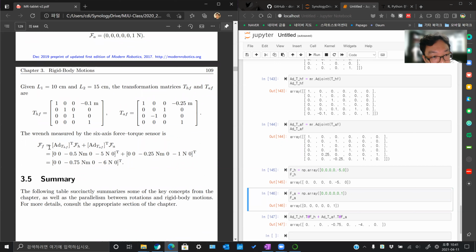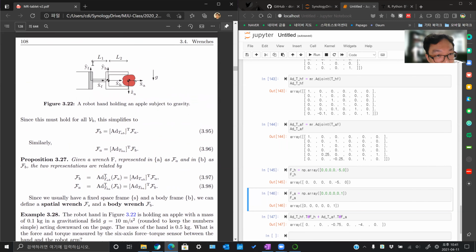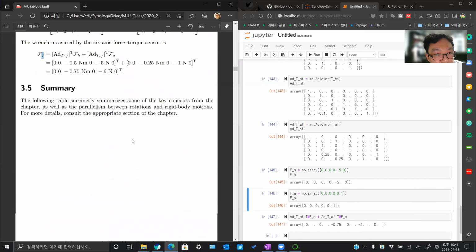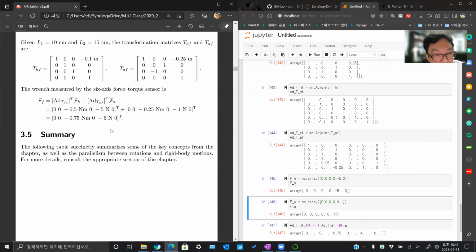Based on the F frame, let's check again. Based on the F frame, there is X, Fx, Fy. So in the case of force, there is 5 Newton here and 1 Newton here. So it should be 6 Newton here. Yeah, so the result should be -6. This one is correct. This one is correct.